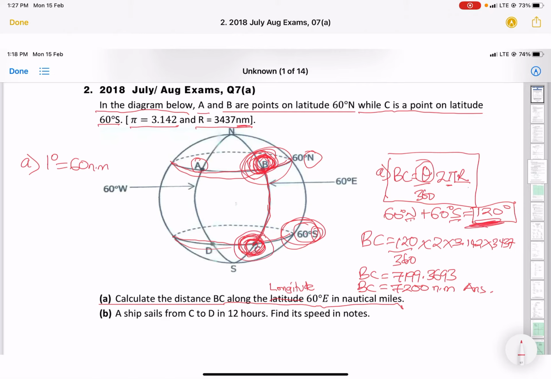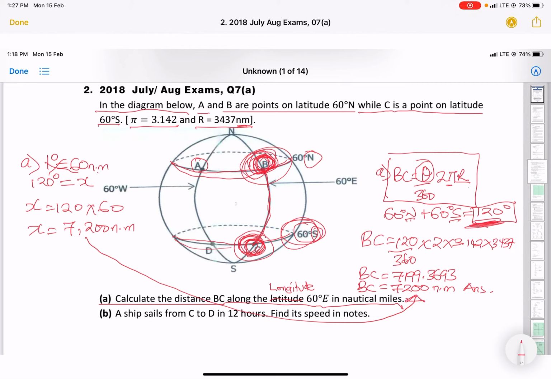So if 1 degree is 60 nautical miles, then 120 degrees is X nautical miles. Cross multiplying, X is 120 times 60, which gives 7,200 nautical miles. As you can see, you find the same answer.